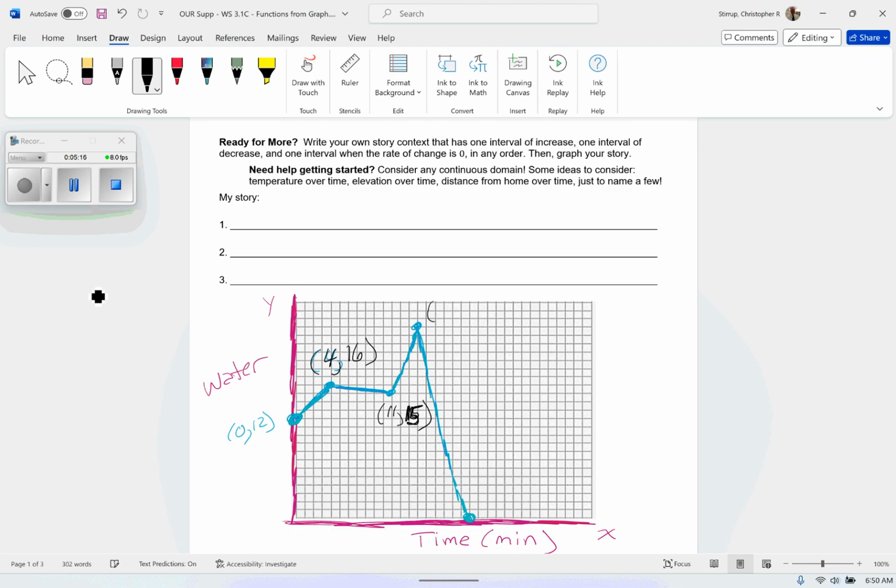Let's label this point up here. So 16, 17, 18, 19, 21, 22, 23. So that's at 23. That came over one, so 12, 13, 14, 14, comma 23.